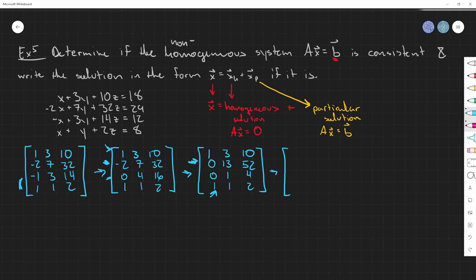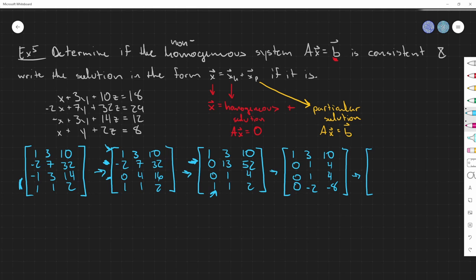So we'll have 1, 3, 10, 0, 1, 4, 0, 1, 4. There's our repetitive equation. And this would be 0, 1 minus 3, which is -2, and then 2 minus 10 is -8.